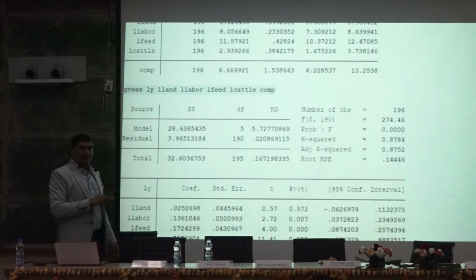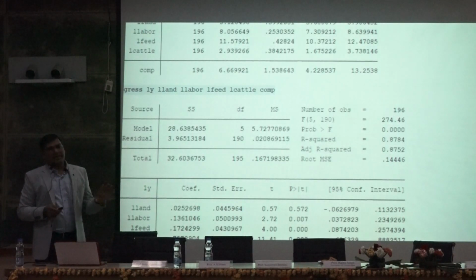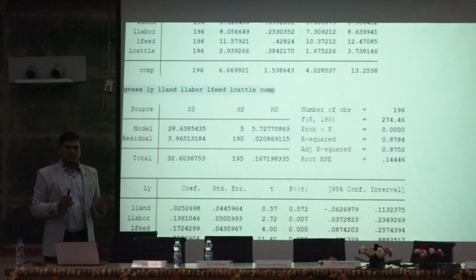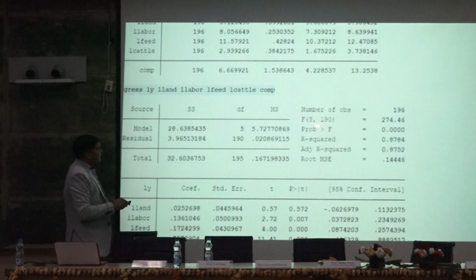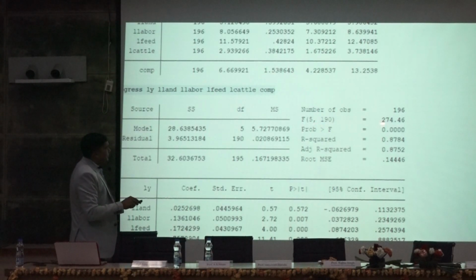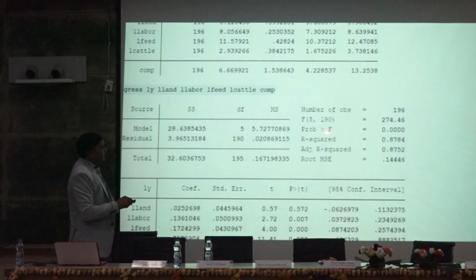Then we can find whether it is significant or not. So the first step in any model is to check the overall significance of the model. To check the overall significance, there are two ways. One way is to compare this value with the critical value. Another is the p-value.